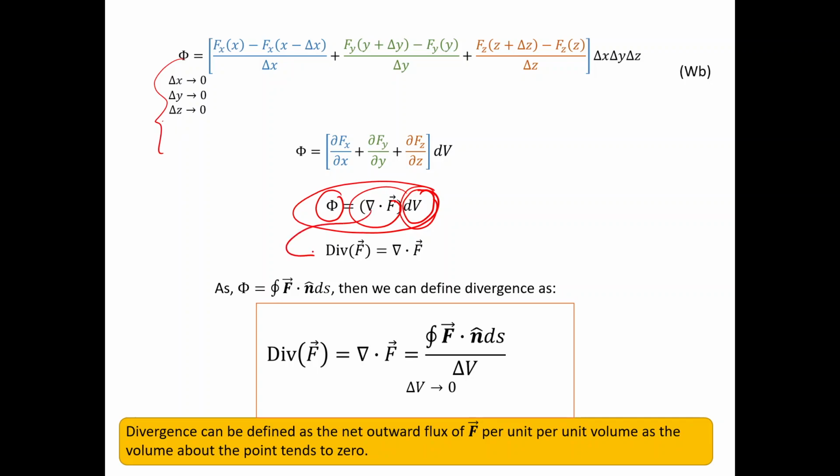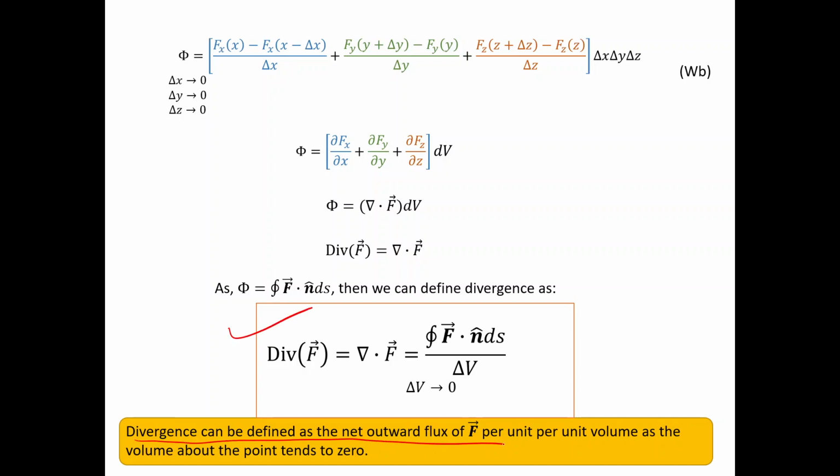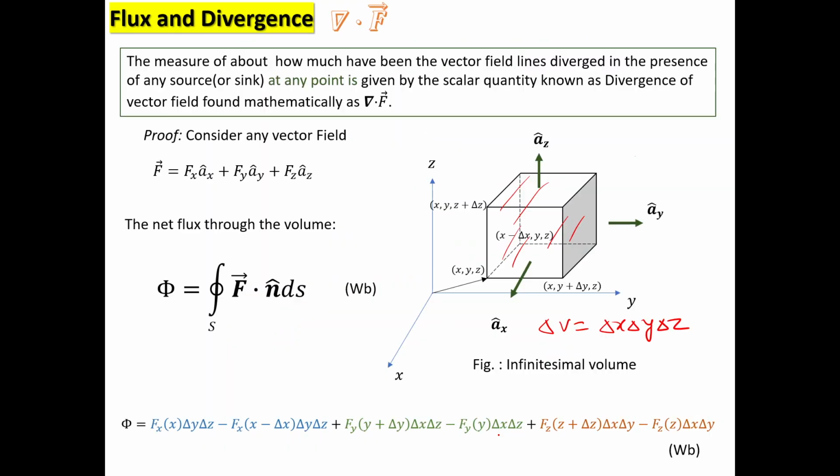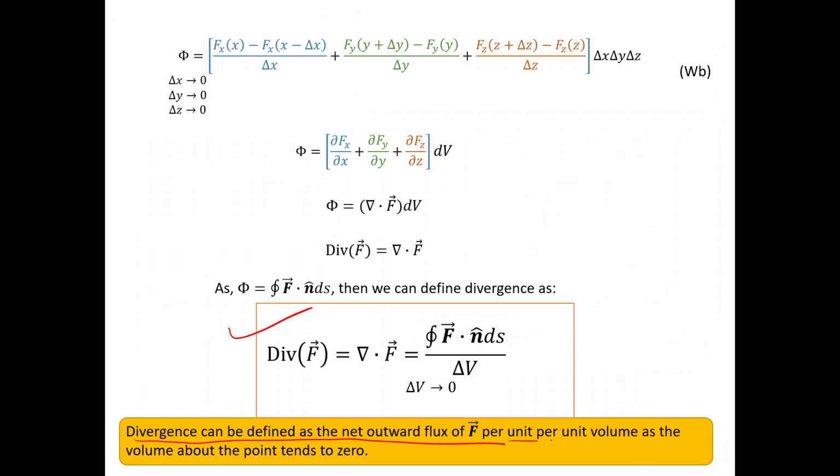And this term is known as the divergence of F at that point; this is the point function. Once again, since divergence is defined for any point, we can say the divergence can be defined as the net outward flux, that's all we have calculated here, the net outward flux per unit volume.